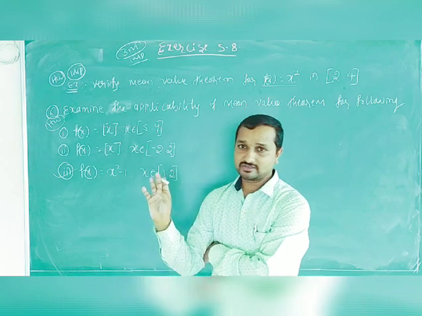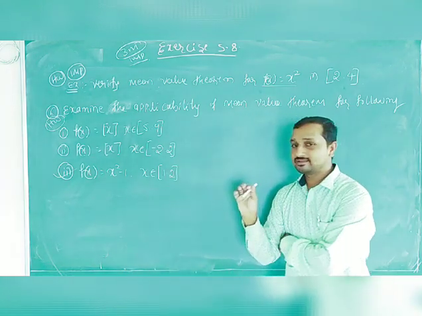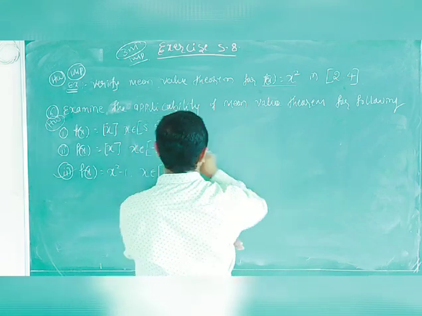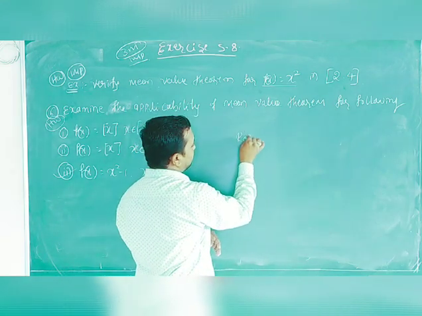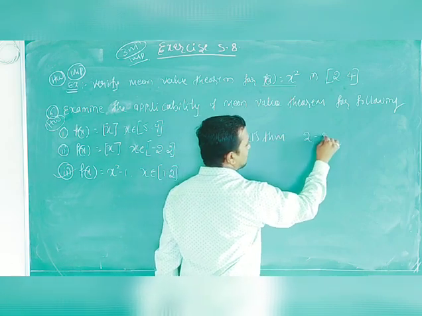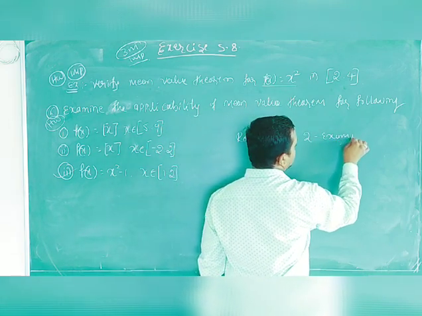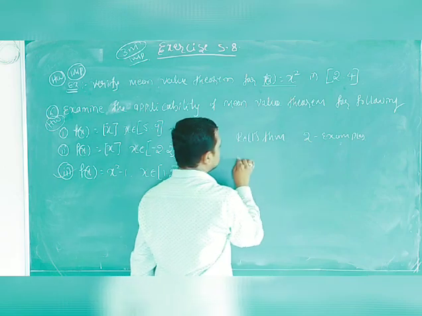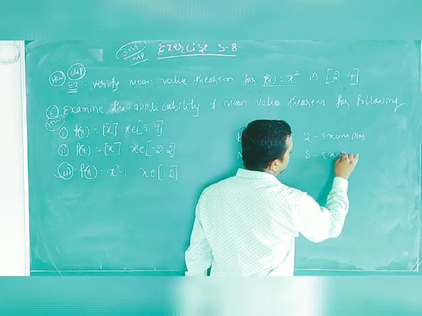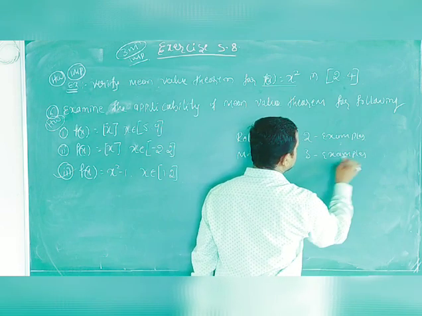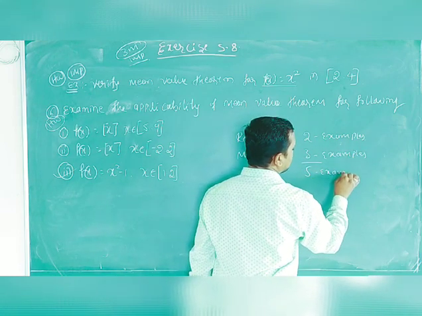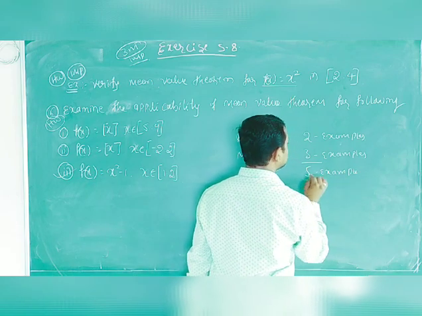Very easy examples. So students, see that in this part 3 marks examples are very important: Rolle's theorem 2 examples, mean value theorem 3 examples, out of 5 examples.